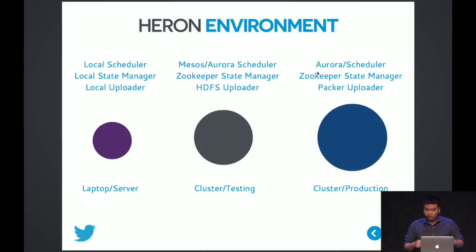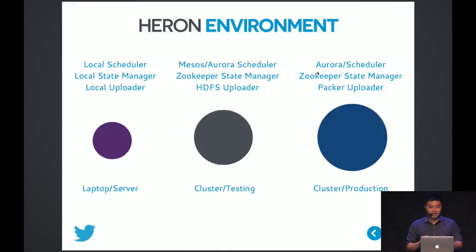Here are some different components of Heron right now. For example, for local, we have the local scheduler and local uploader. This is to deploy the whole Heron cluster on your laptop. It is full featured. It's most likely used by Heron developers, so you can verify your changes easily on your local laptop with the full features.